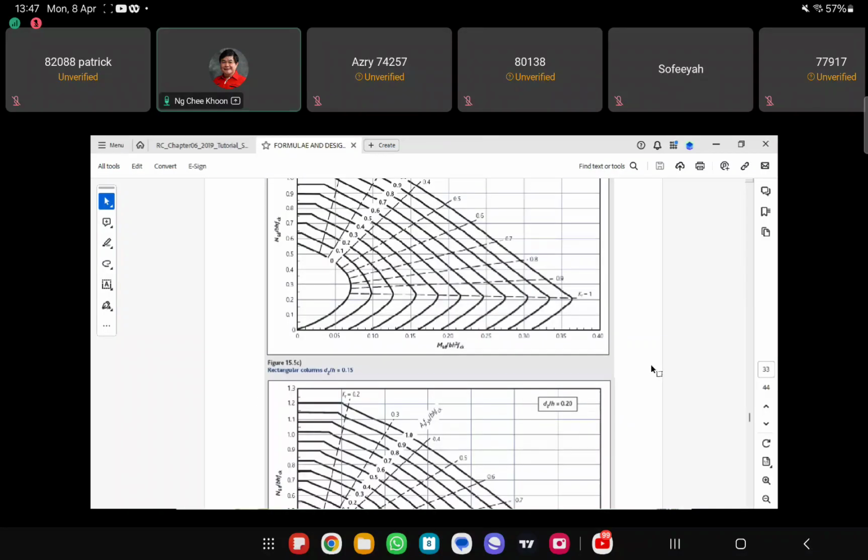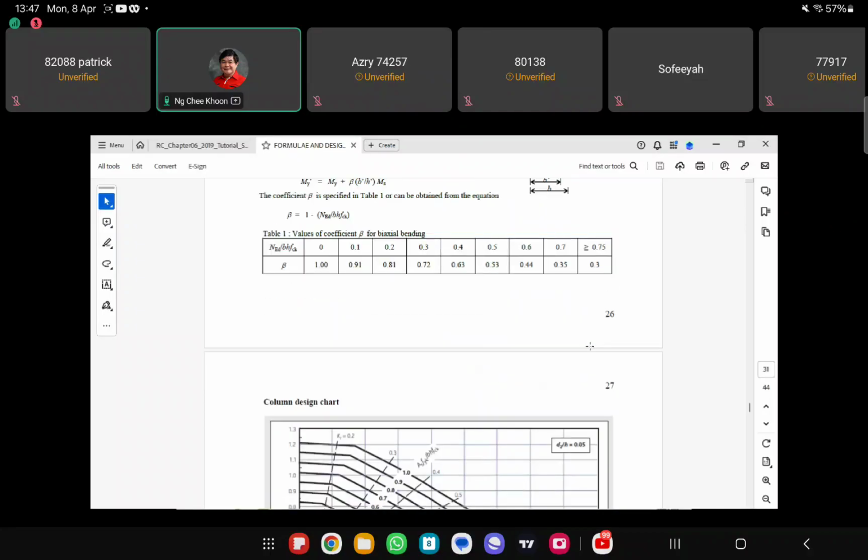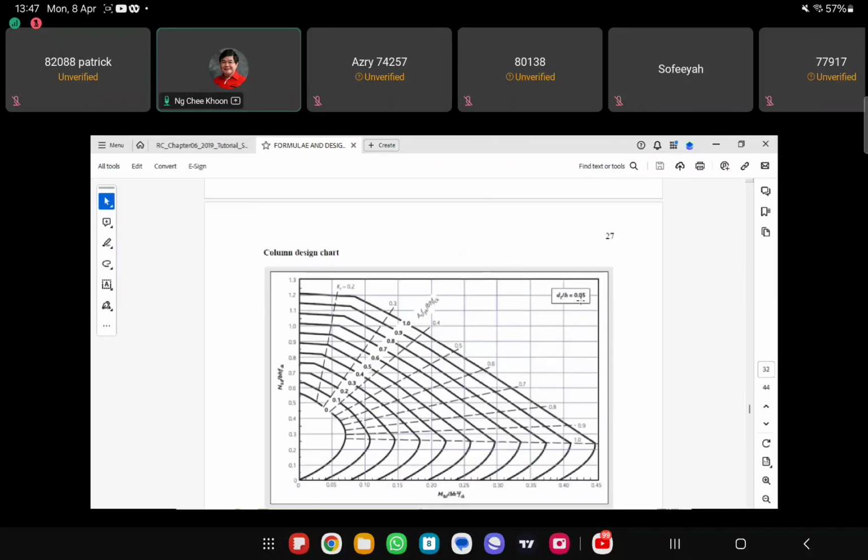So you see all these design charts here, they all have the D2 over H value. Okay. So how do we calculate D2 over H? So D2 is actually the depth of the bars.